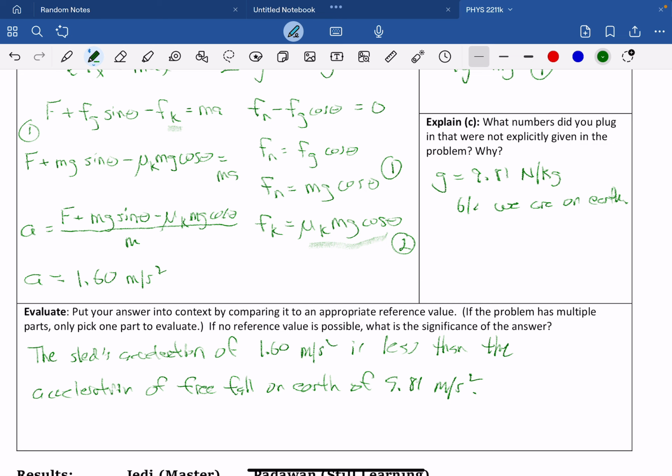And free fall acceleration on Earth is always a good comparison for acceleration, because you're either going to be less than, about equal to, or more than the acceleration of free fall on Earth.